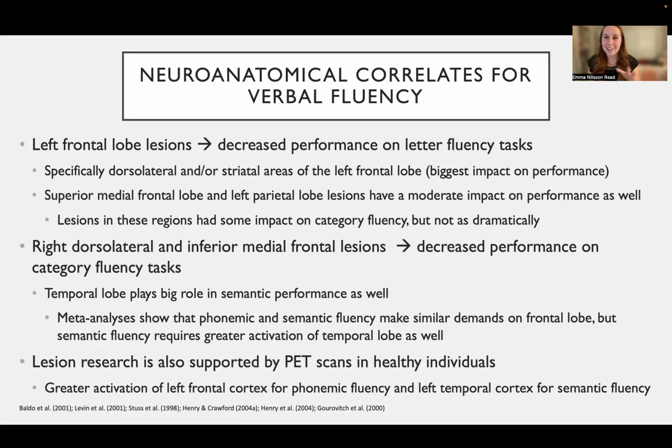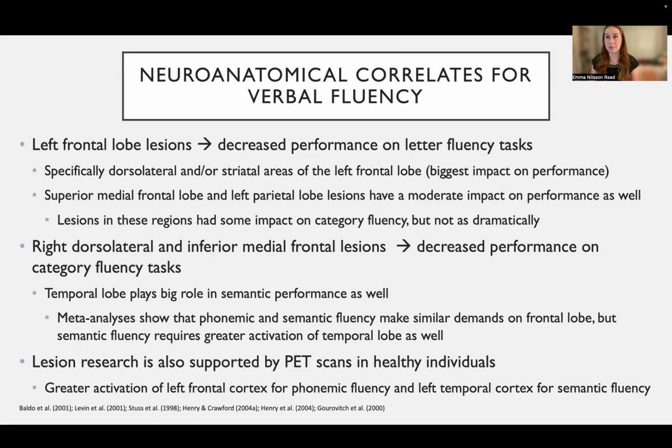Some more specific areas, if you care, are the dorsolateral and striatal areas of the left frontal lobe, as well as the superior medial frontal lobe and the left parietal lobe as well. Lesions in these regions had some impact on category fluency, but not as much as on letter fluency. However, the right dorsolateral and inferior medial frontal lesions did show decreased performance on category fluency.